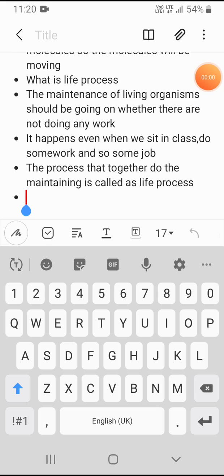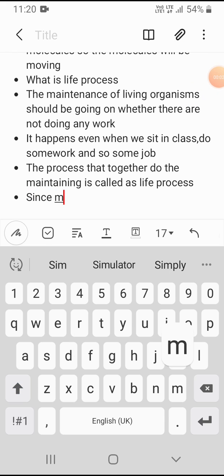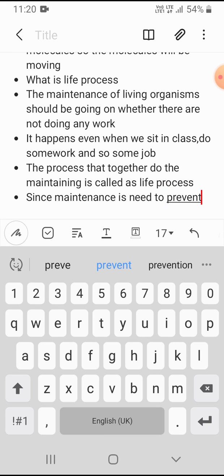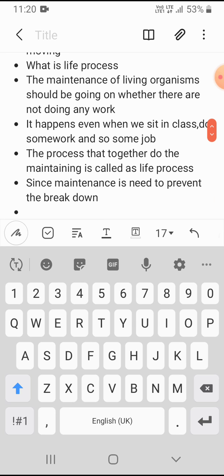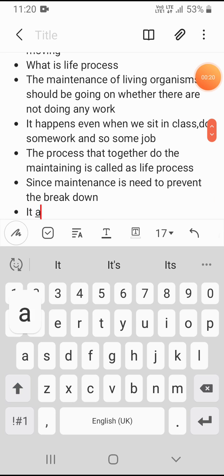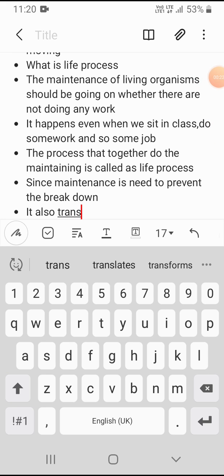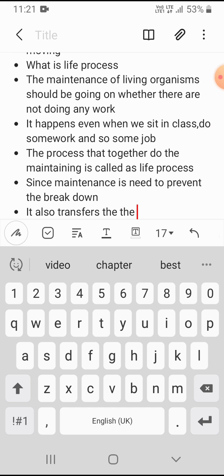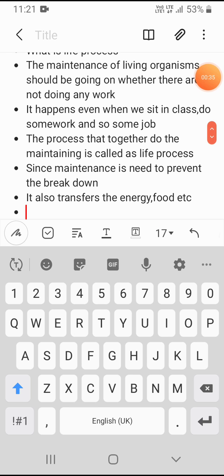They ask this for 1 mark. Since maintenance is needed to prevent the breakdown in the body, it also transfers food, energy and other things between the organism and its cells.